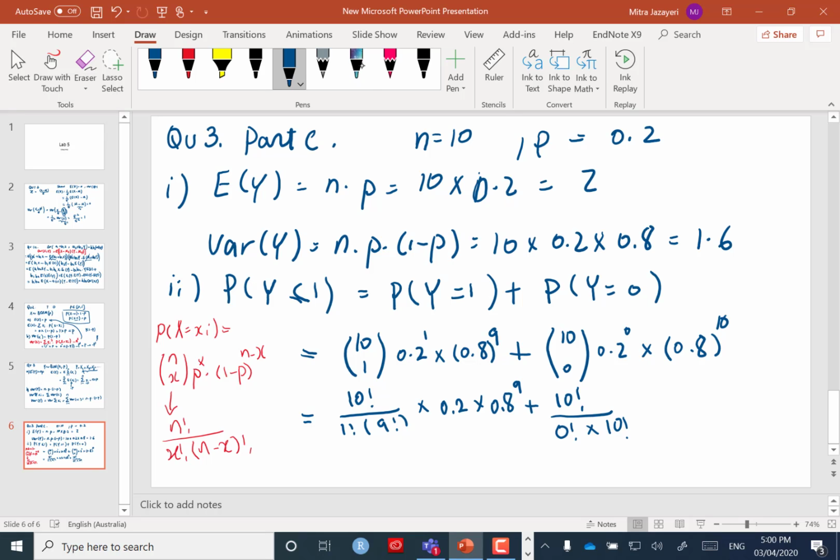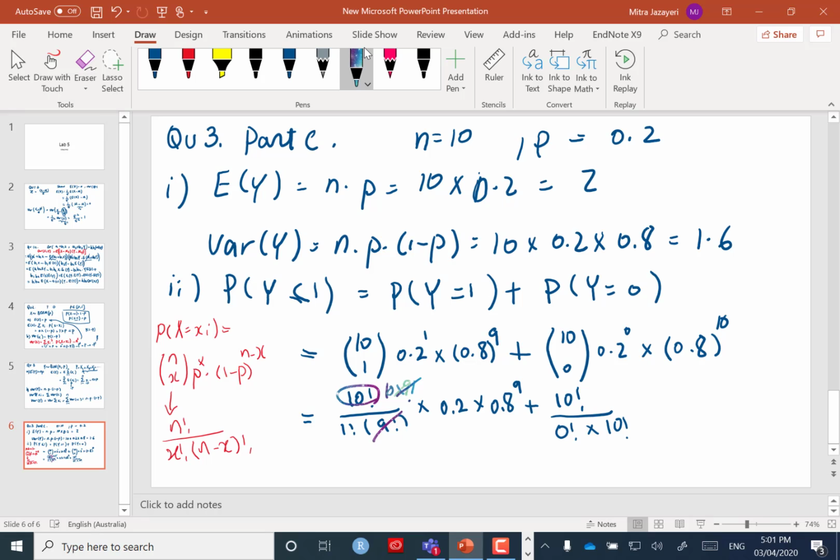And here we have 10 factorial and 10 factorial, which becomes 1. 0 factorial is always equal to 1, 0.2 to the power 0 is equal to 1, and then times 0.8 to the power 10.